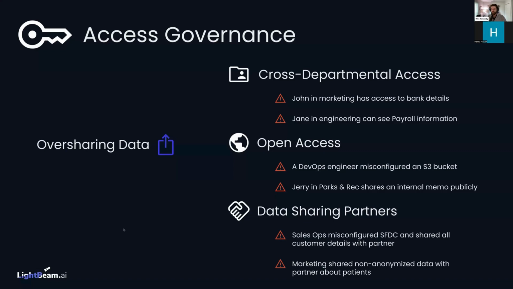And then finally, when we're sharing data with our partners, we think about how many different parts of the organization might be using a third party to go through their day-to-day business. So what if sales ops misconfigured SFDC, Salesforce, and they shared all customer details with a partner when all they meant to share was just email addresses and business name?